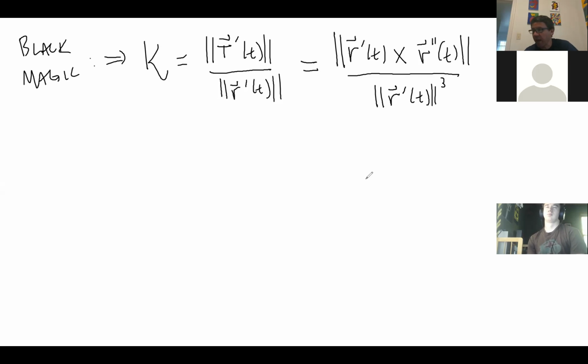I have seen that kind of formula in engineering texts before, so if you haven't seen it yet, it's coming up. So congratulations.